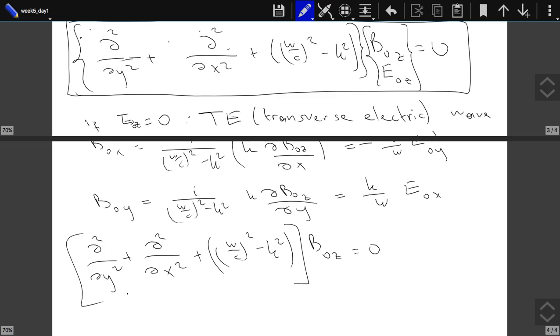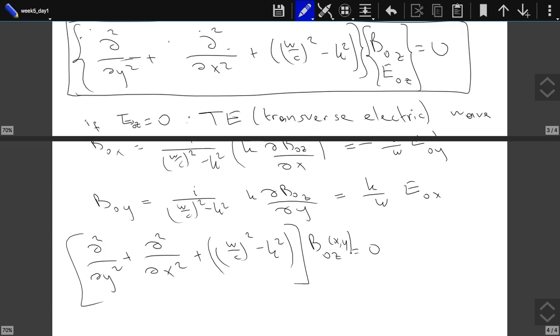How do you solve this equation? Remember, B0z depends on x and y. Well, it just looks like the Laplace equation with this constant added.